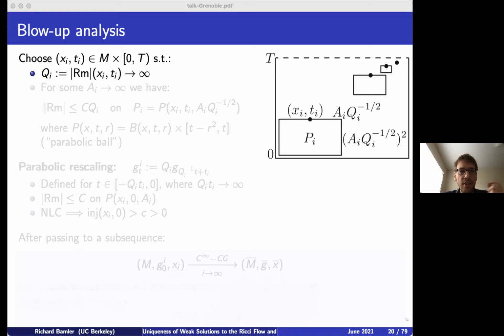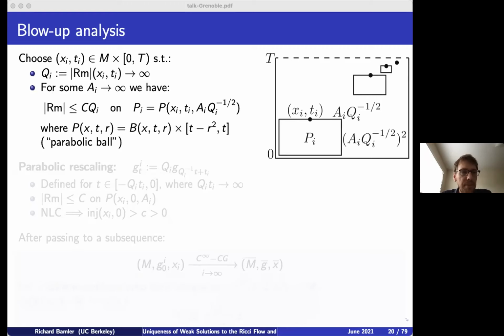I need to choose these points xi, ti, such that for some sequence ai going to infinity, I have a curvature bound of the form c times qi on a parabolic ball of size ai times qi to the -1/2 around xi, ti.